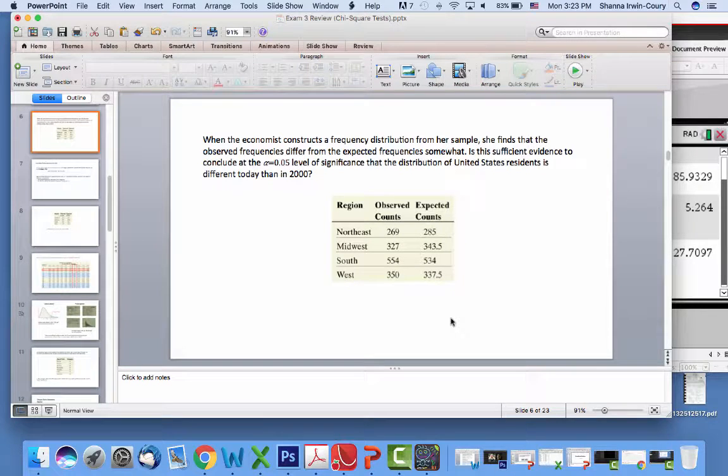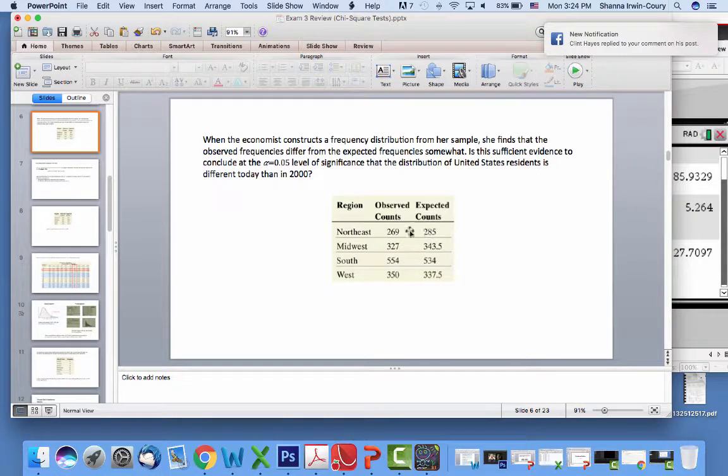Okay, so for every box in a chi-square test, you have an observed and you have an expected. And each time you subtract, if there's a difference between them, we're looking at how big is your chi-square. Is your chi-square big enough to say that these things were not as expected?